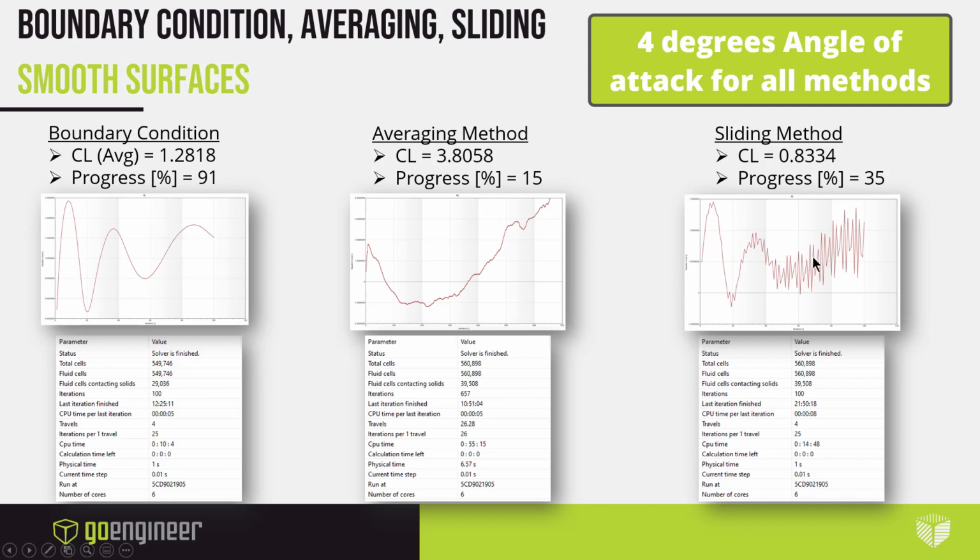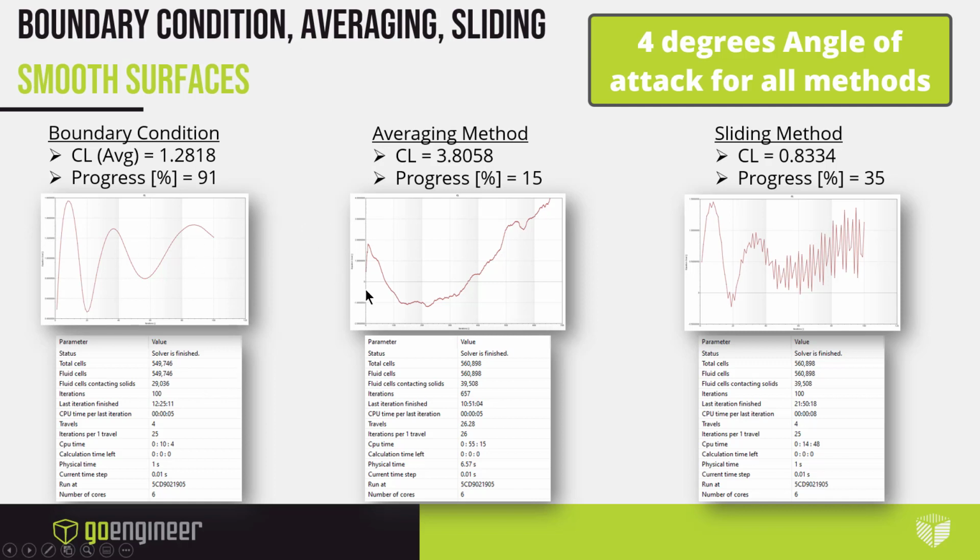The boundary condition and the sliding mesh look very similar. The difference in the boundary condition is that it doesn't consider the geometry, so I would assume these values would be very similar, but they're significantly off. And then also the progress, I just threw that in there to show you how much it's progressed as it's converging.